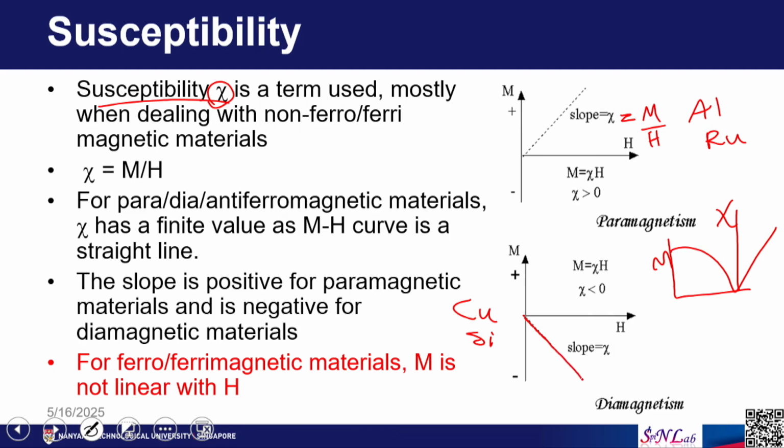It will follow this path, and if I start reducing the magnetic field, again it will come back to 0 along the same line. The path is the same going down and coming back up. So, diamagnetic materials have a negative slope, or negative susceptibility. Ferromagnetic material is a different issue, we will see later.